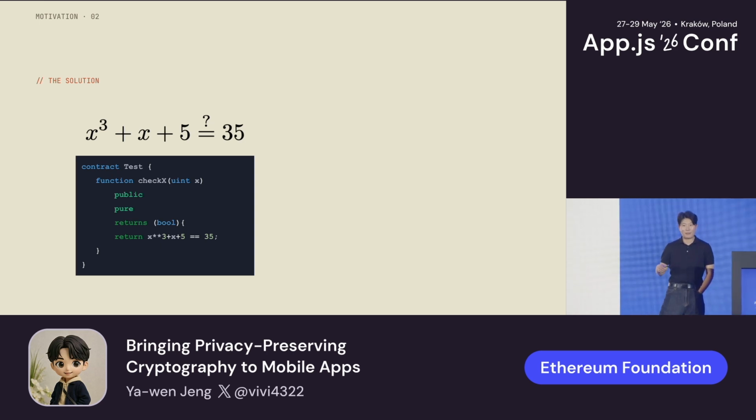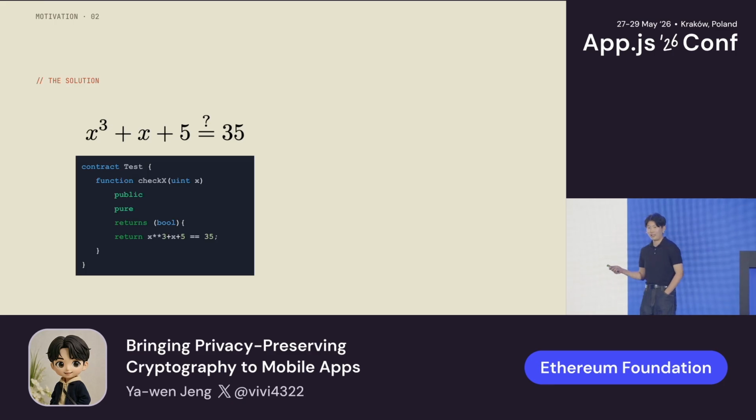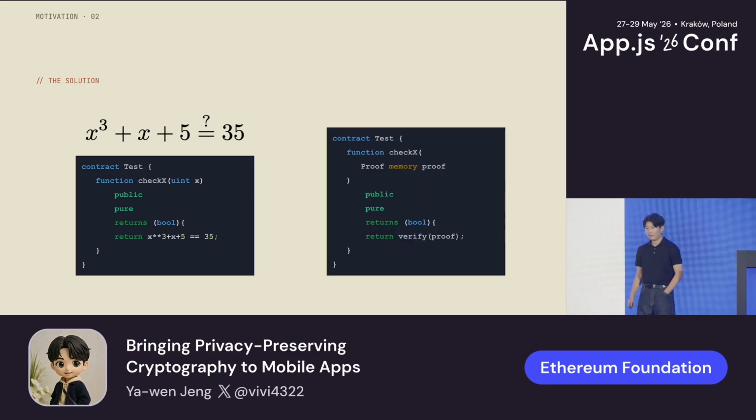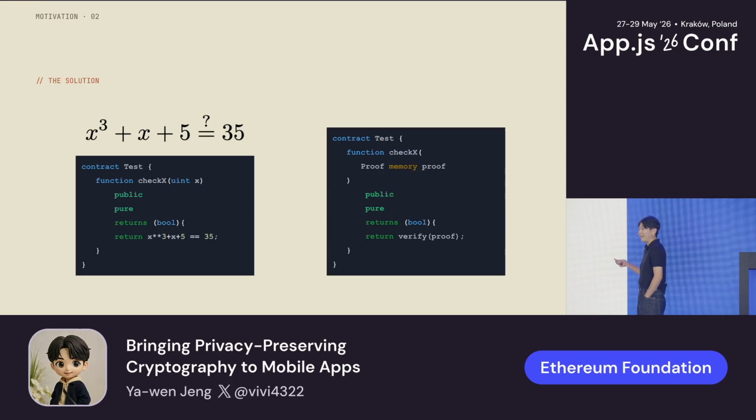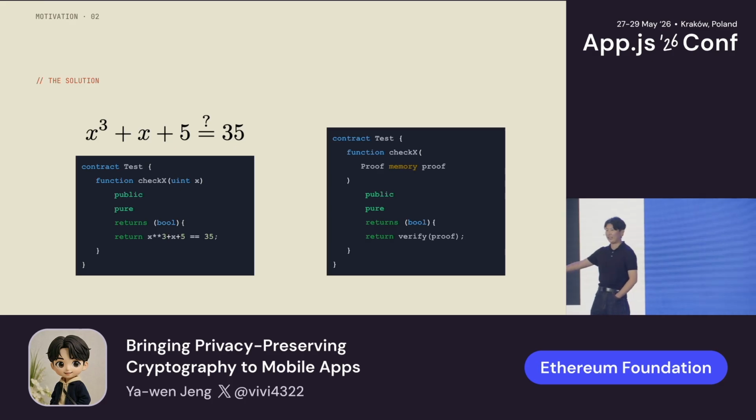So let's imagine that you can turn this X into a proof, and the smart contract only calls a function called verify, which verifies the proof and does the same computation as the smart contract on the left-hand side.